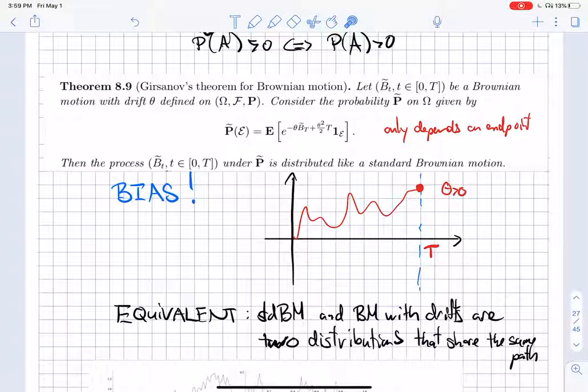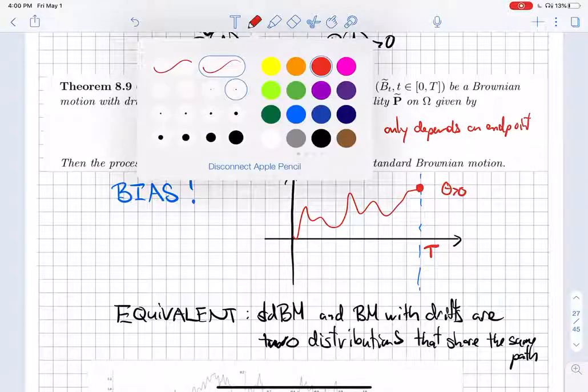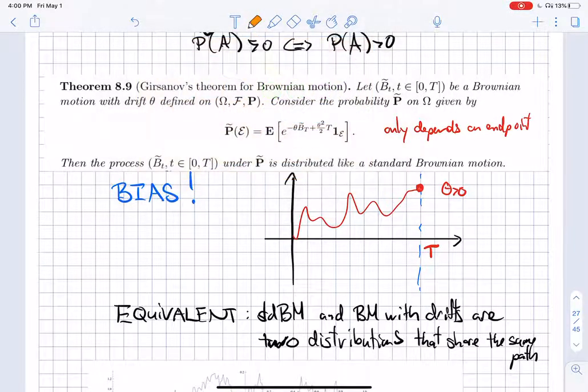Those are typical paths of Brownian motion with positive drift theta. Now, what does this factor say? This factor should make a path that is typical for Brownian motion with drift typical for standard Brownian motion. So what it does is that for every path, I penalize where I landed. Okay?